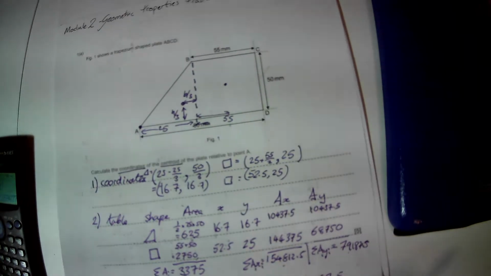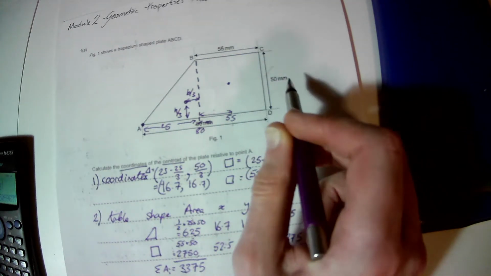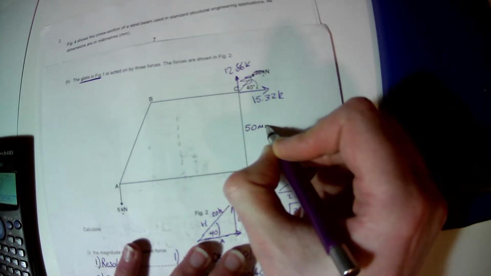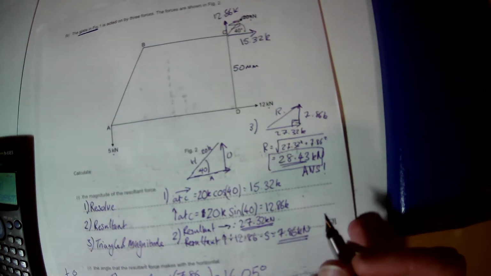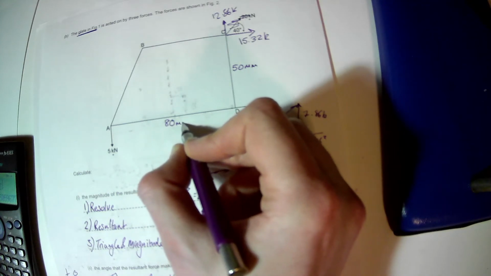They're going to see if we can remember them or just look back. So we've got 80 millimeters from A to D and 50 millimeters from D to C. So this side length here is 50 millimeters and this length here is 80 millimeters.